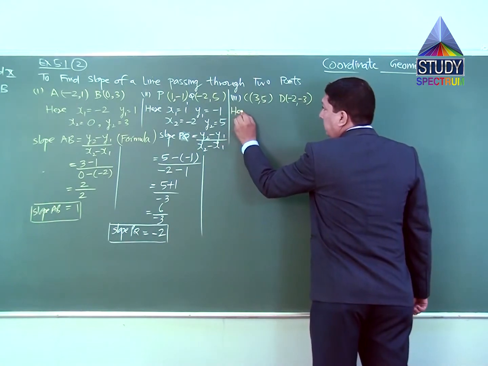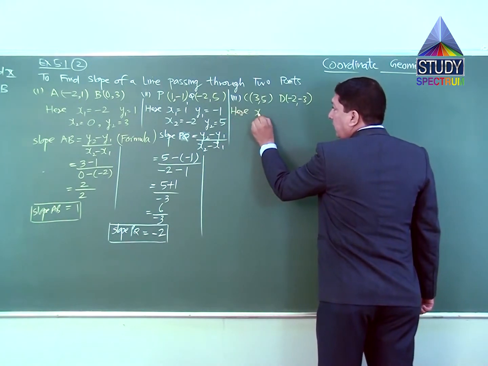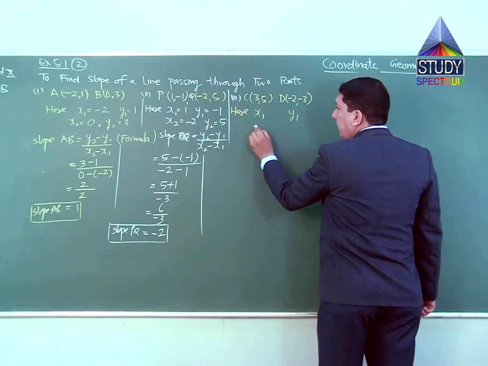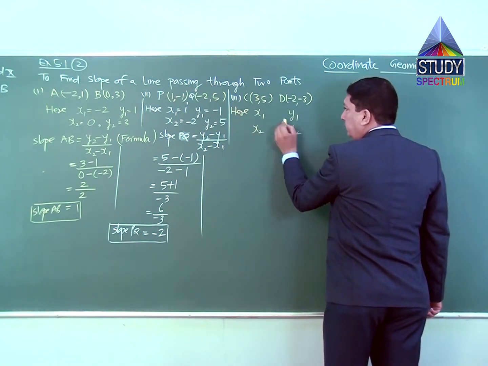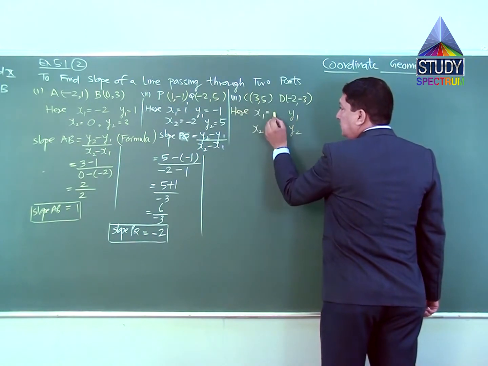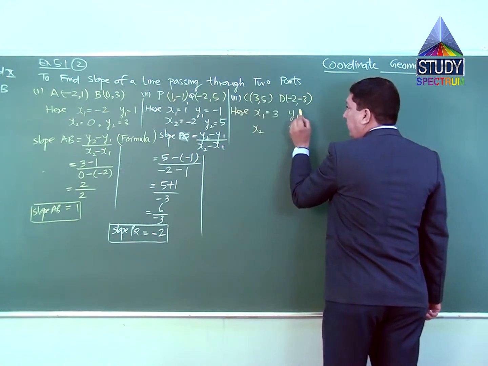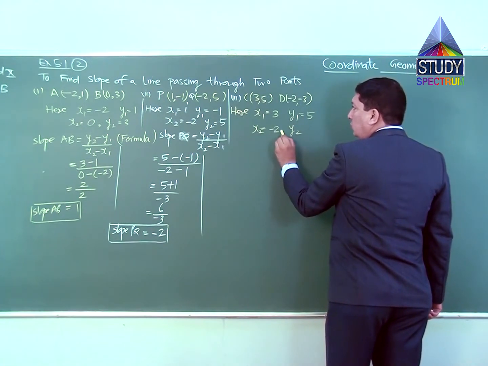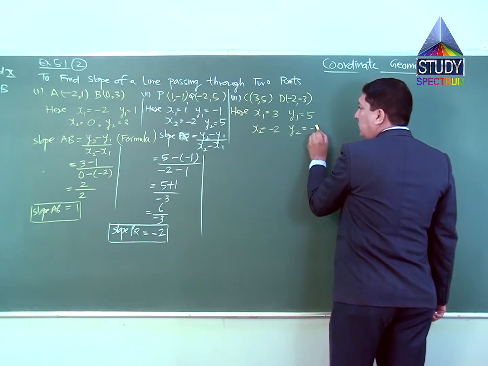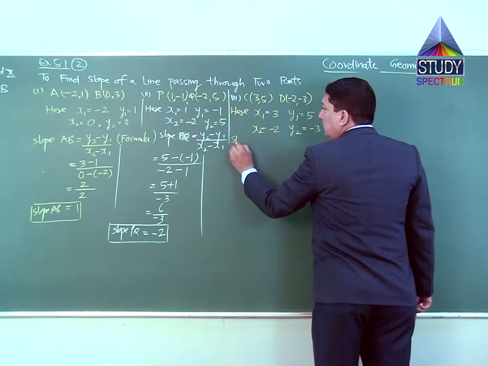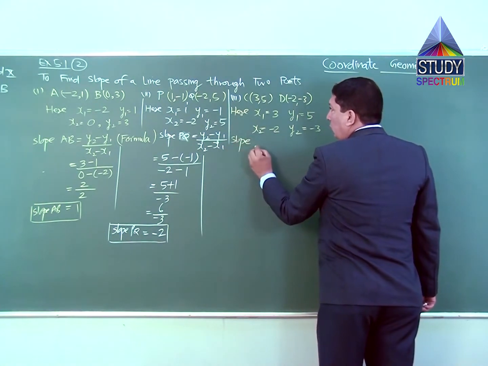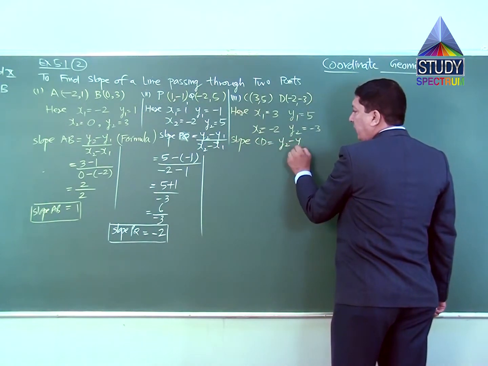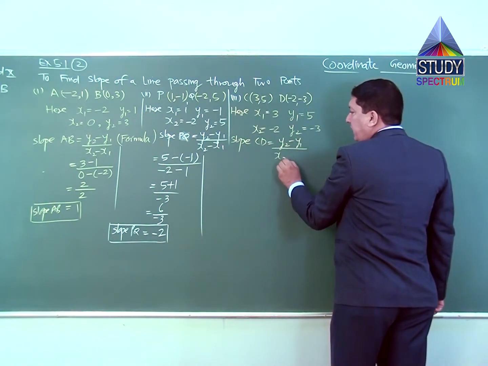So over here, x1 is 3, y1 is 5, x2 is minus 2, y2 is minus 3. Slope of line CD: formula y2 minus y1 upon x2 minus x1.